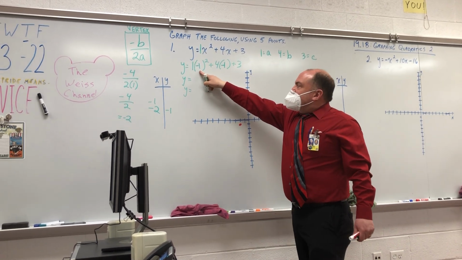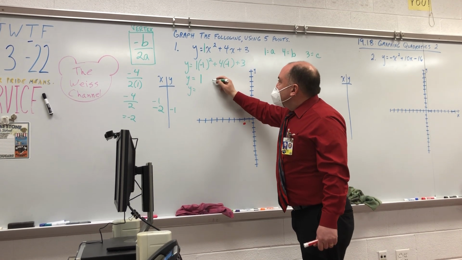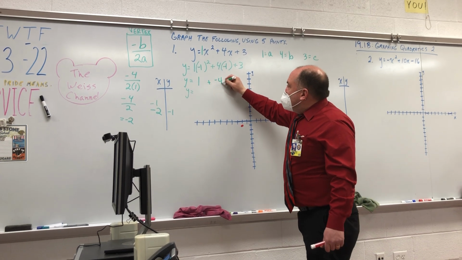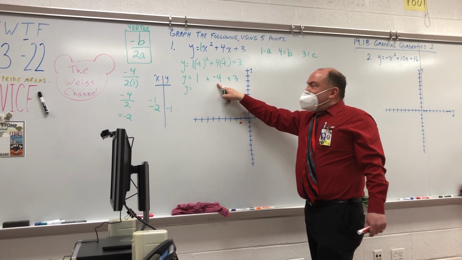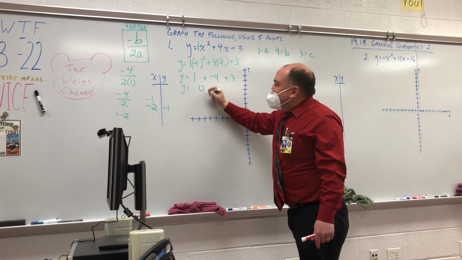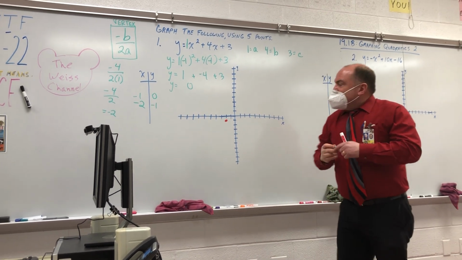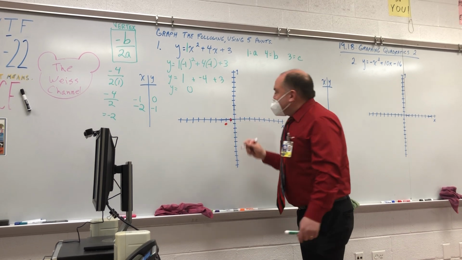Negative 1 times negative 1 is positive 1, times 1 is 1. 4 times negative 1 is negative 4, plus 3. 1 and negative 4 is negative 3. Negative 3 plus 3 is 0. So when x is negative 1, y is 0. So we plot negative 1, 0.